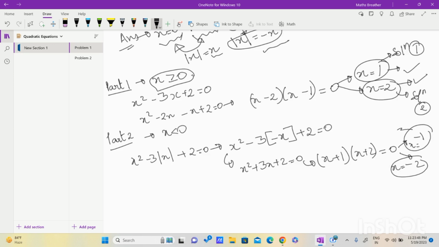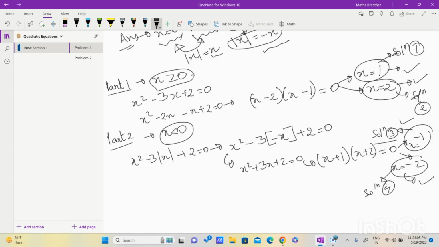Now, is this following the assumption that x is less than 0? Yes, it is. So these are another set of solutions: solution number 3, solution number 4.